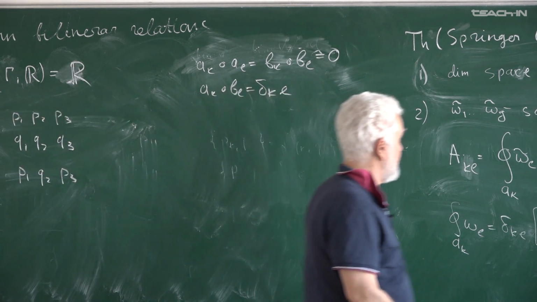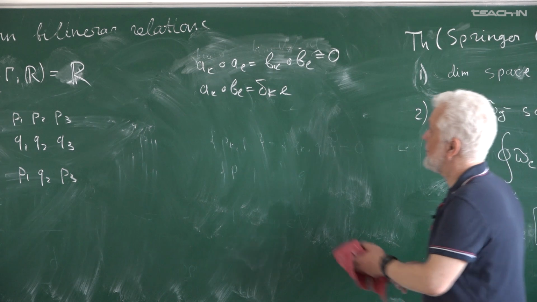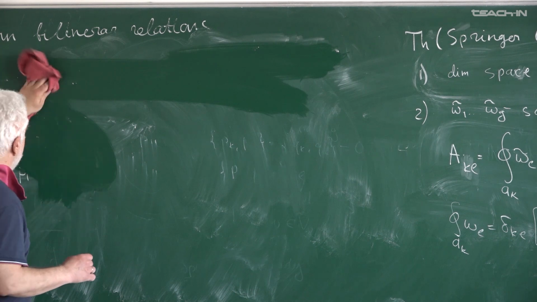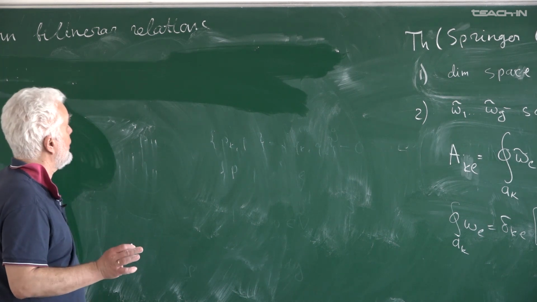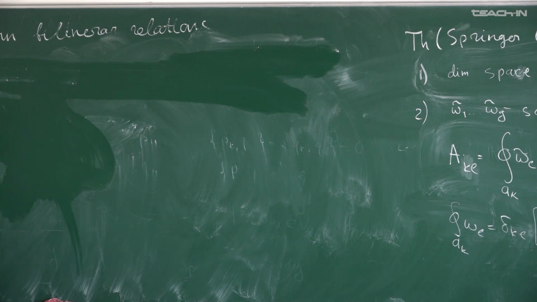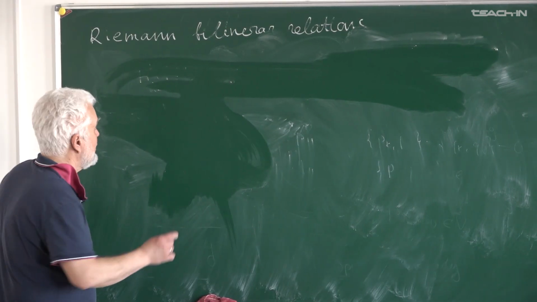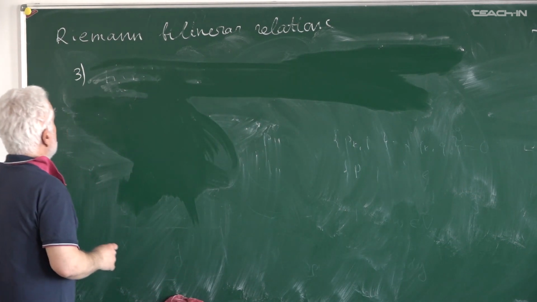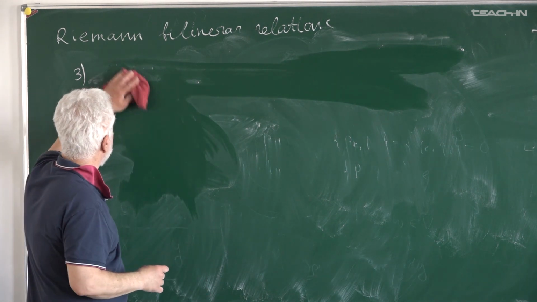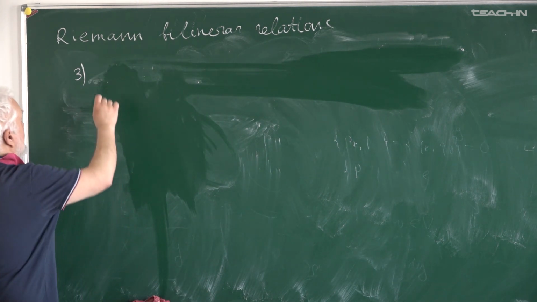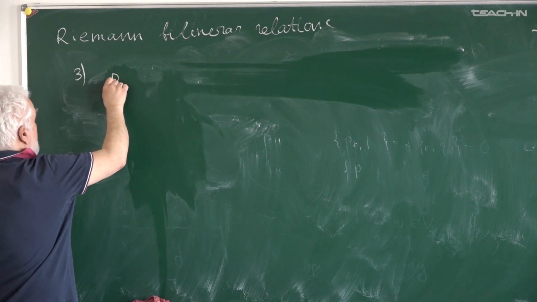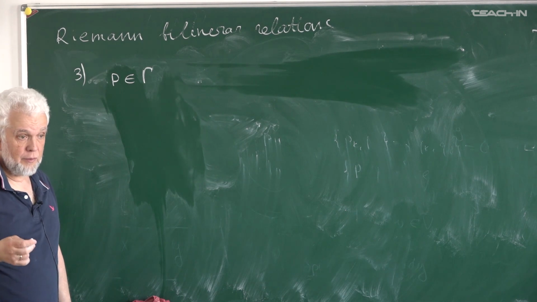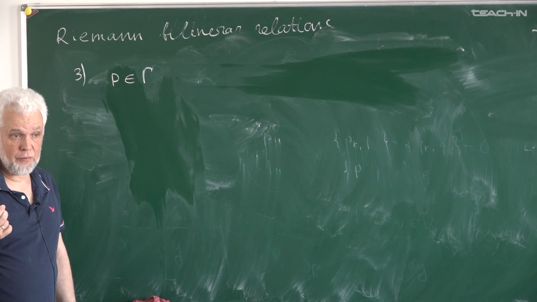Then, next statement. I want to make reference to the Springer book; it's impossible to include everything. Third, assume that we have some point P on gamma, the Riemann surface, and we have a local coordinate. Define an arbitrary singularity with zero residue.